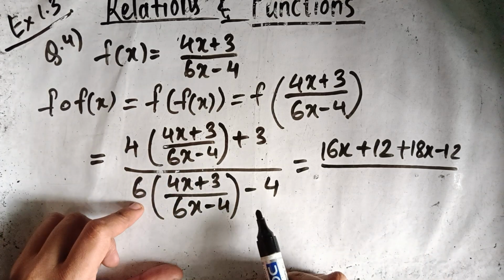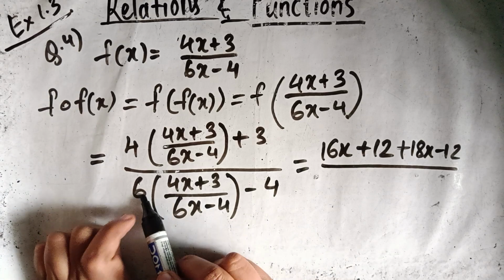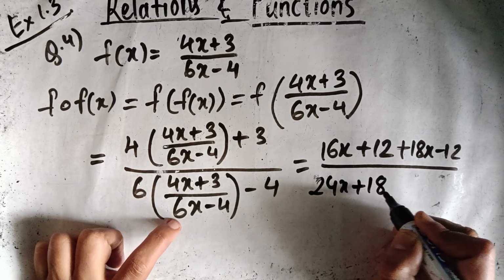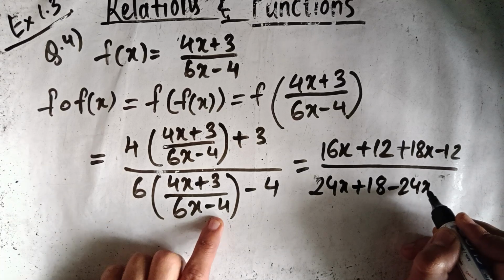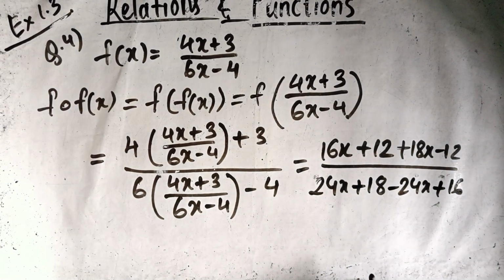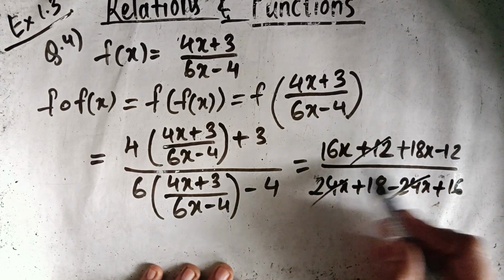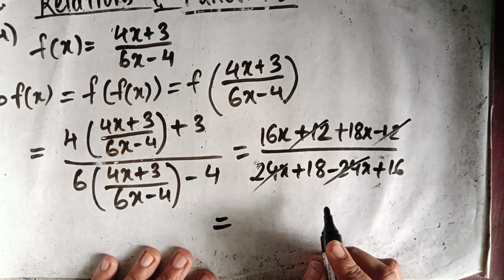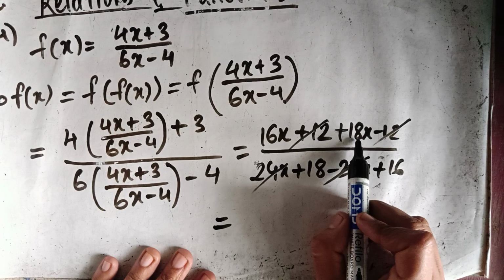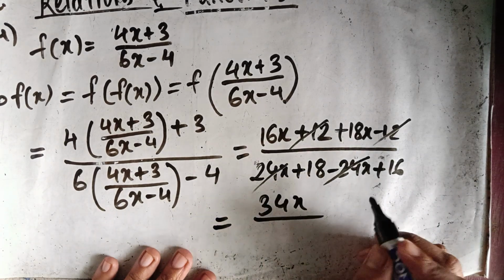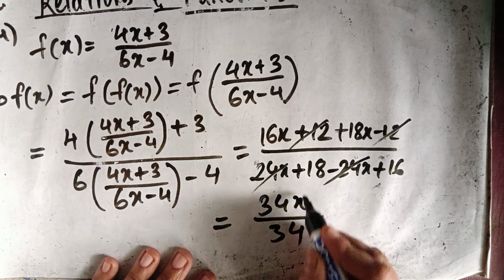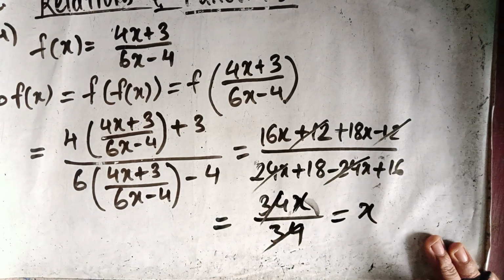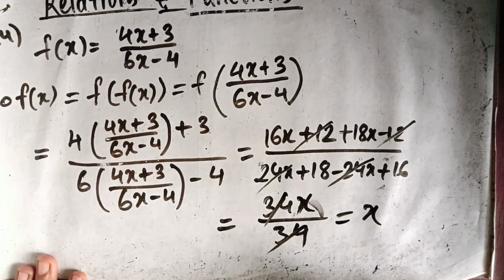After doing the cross multiplication in the denominator also, this is 24x minus 18, plus 24x plus 16. So this gets cancelled. You'll get 34x upon 34. So this gets cancelled. You'll get x.